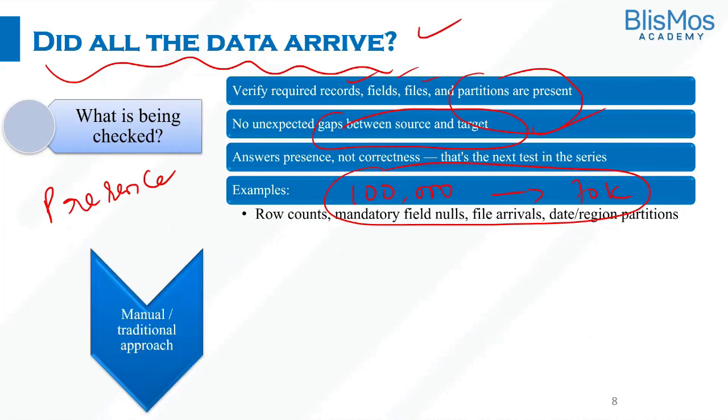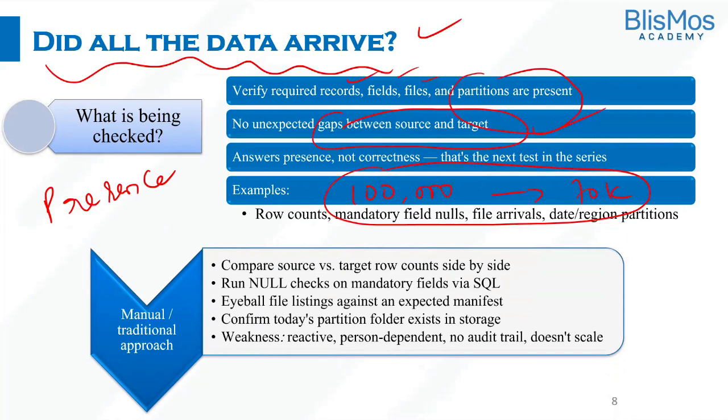How do we usually perform manual testing of completeness? We compare the source with the target. We usually go with the row counts side by side, and also check whether null values are there in the mandatory fields via SQL queries, and also go through the listings against the expected manifest.